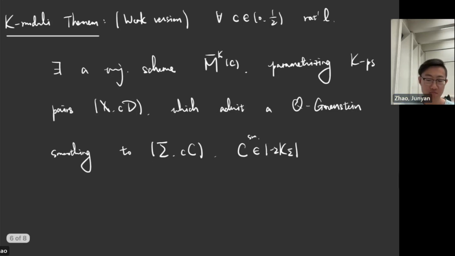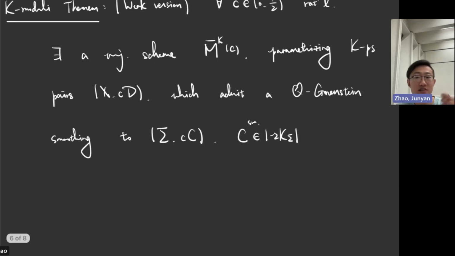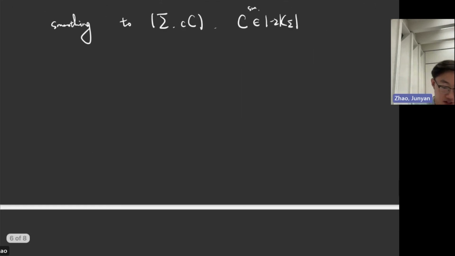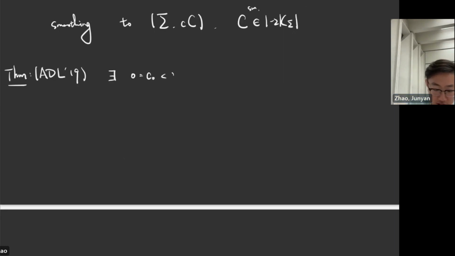Okay. And you may ask, how does this moduli space depend on the choice of this c? This phenomenon was first studied by Ascher, DeVleming, and Yuchen Liu in 19, saying that there exist finitely many c_i, where the first one will be 0 less than c_1, up to c_L, which is equal to 1/2, which is also the log Calabi-Yau threshold, right?